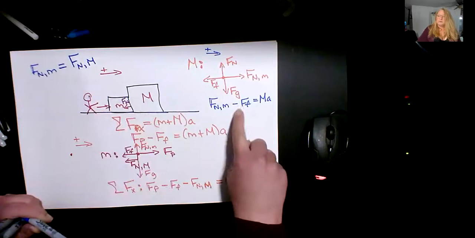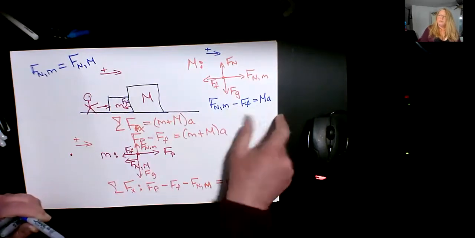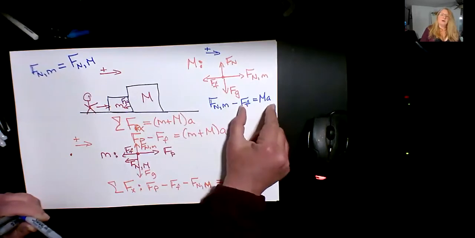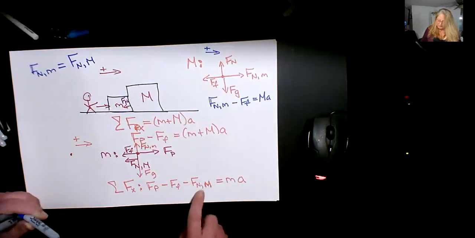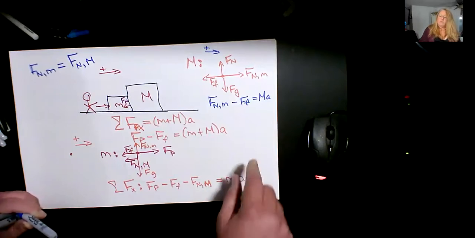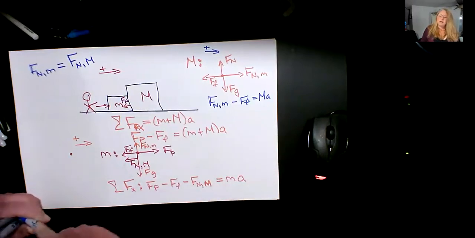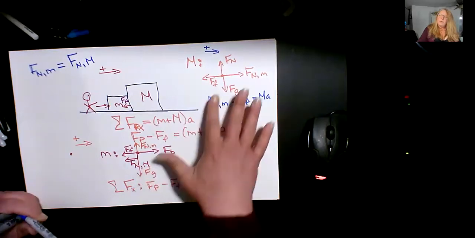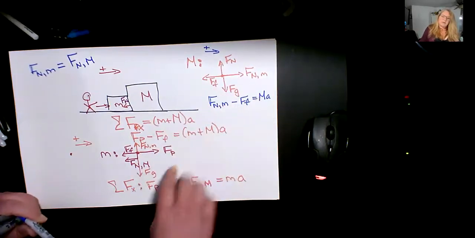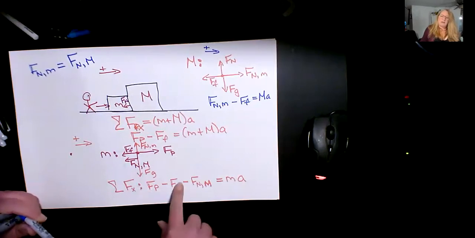So for this one, I could solve, right? I could put the force normal between the two equal to these two quantities, and I could put that in here. That's no problem. And then I'd rearrange and move my mass times acceleration over to the other side. It's a little mathematically ugly, but when you start putting some numbers in there, like if I know the size of my force push, I can solve for that.